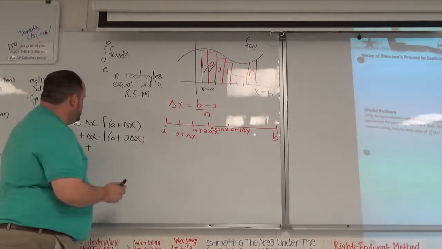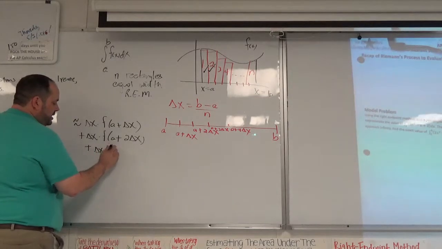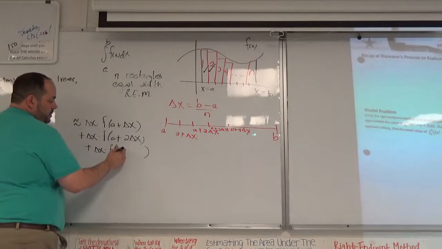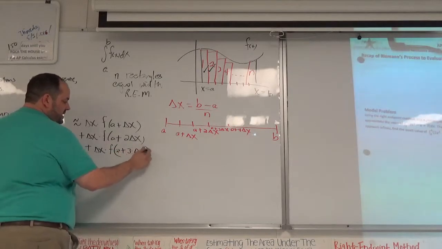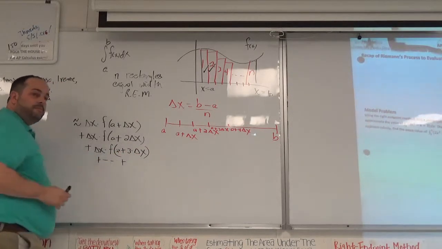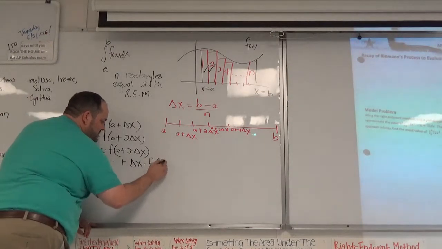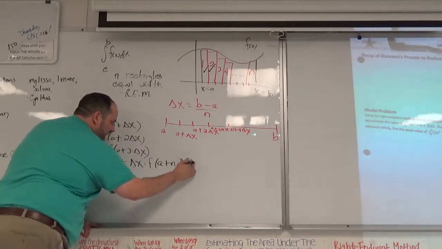Delta x is the width of the rectangle. How tall? f of a plus 3 delta x. Not a plus 3, but a plus 3 times delta x. And we're going to keep on going all the way until I get to the last one, which is going to be delta x times f of a plus n times delta x.